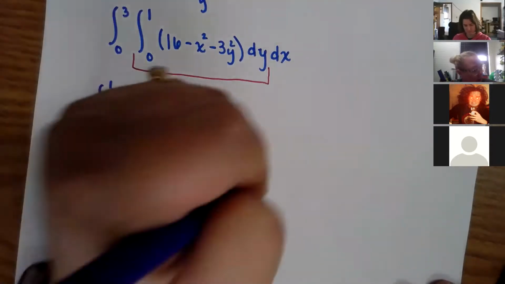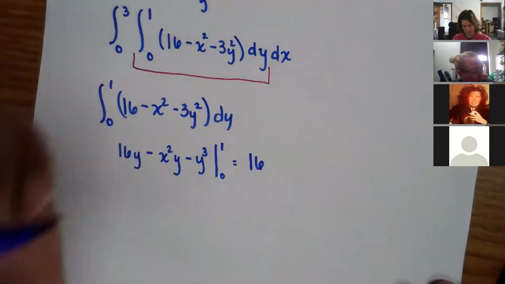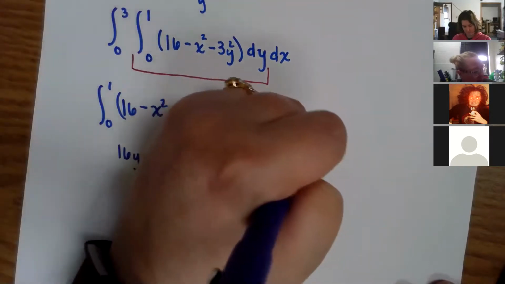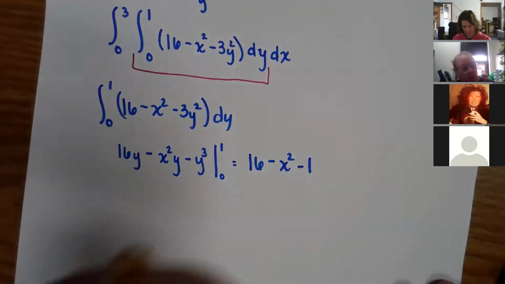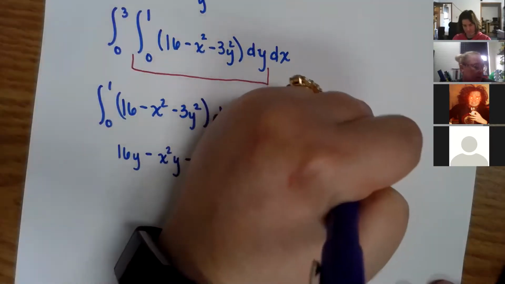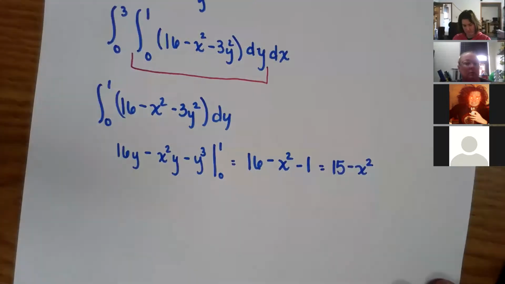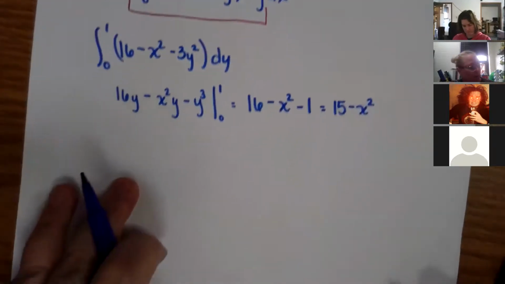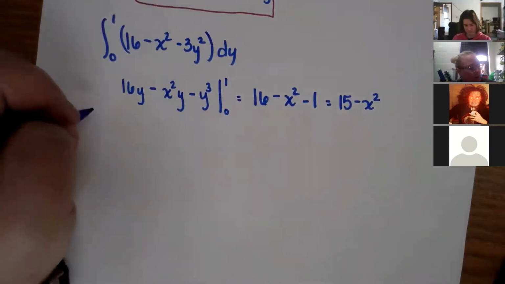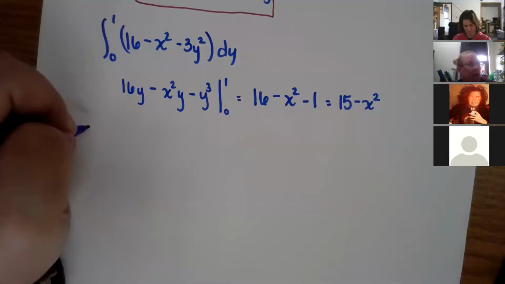So that's just going to give me 16 minus x squared minus 1, or 15 minus x squared. Cool? I didn't do that too fast, did I? I will take your silence as if we're okay.